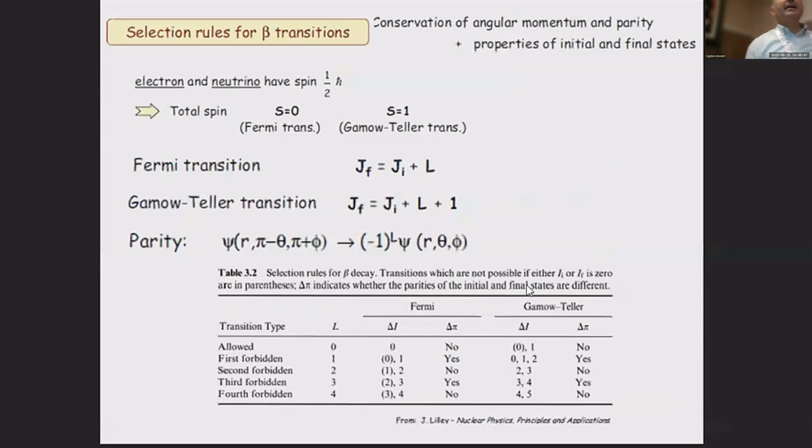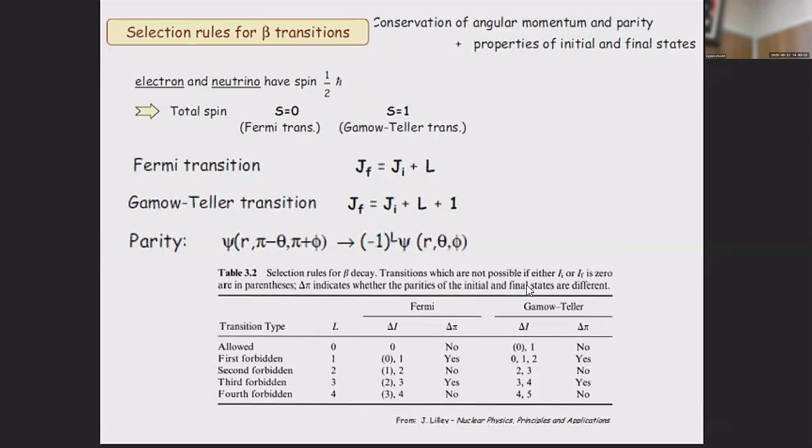There are also selection rules for the beta transitions. If the total spin change is 0, that's called Fermi transition. If it is 1, then it is called Gamow-Teller transition. You should also know this.